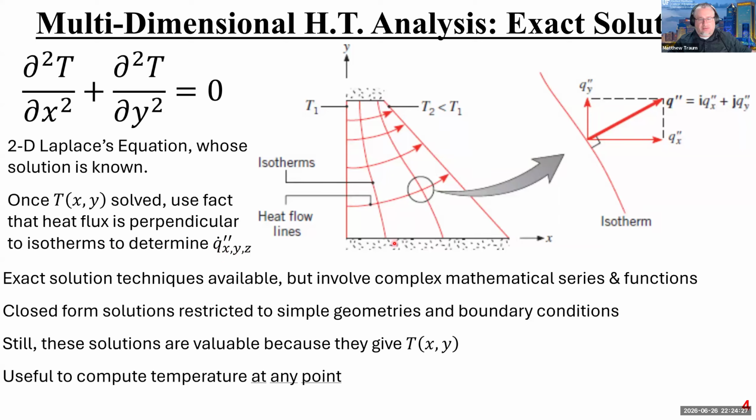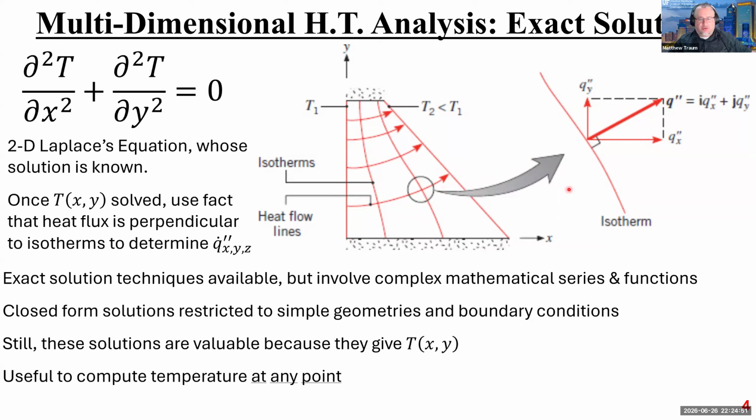So what this looks like graphically is we have our isotherms, right? So here, let's start here. Isotherms are lines of constant temperature. And then we have our heat flux, right? You can actually see the heat flux, this is the arrows, which are telling us the direction of the heat moving through this object.